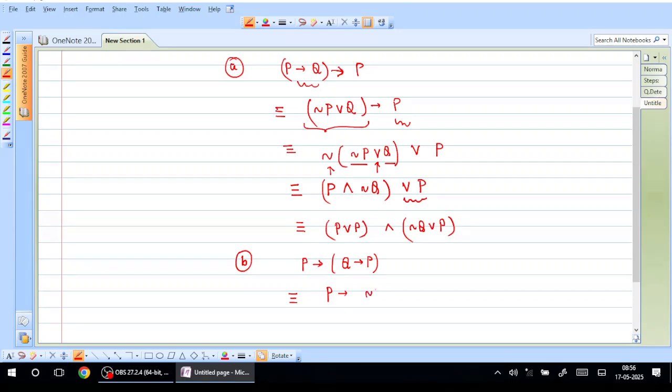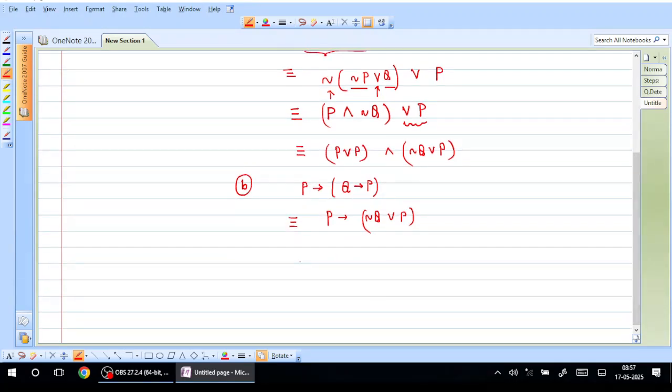P implies negation of Q join P, and again I have one more conditional. The hypothesis is P and the consequent is negation of Q join P. So the hypothesis, its negation should be taken, negation of P, conditional becomes join, and the next part will remain as it is.